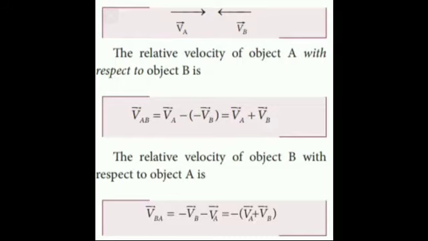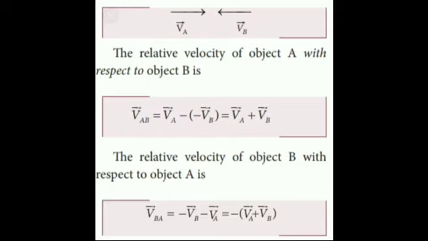Second case. Consider two objects A and B moving with uniform velocities VA and VB along the same straight track but in opposite directions. So vector VA and vector VB are opposite to one another.